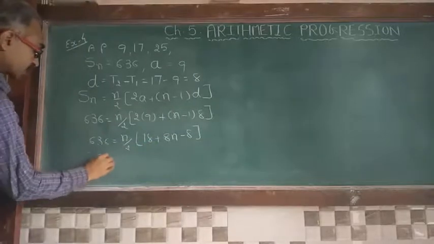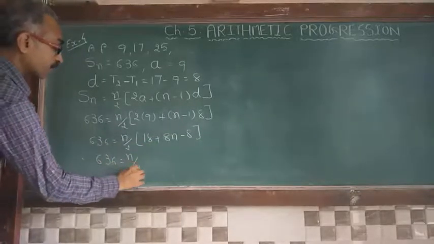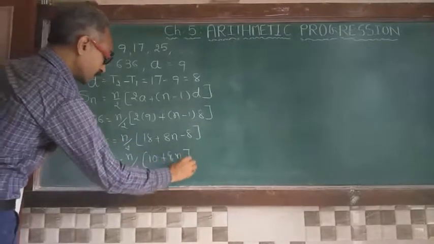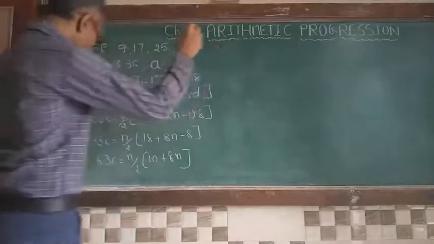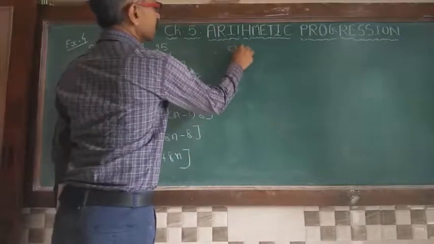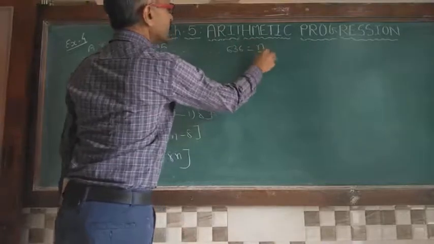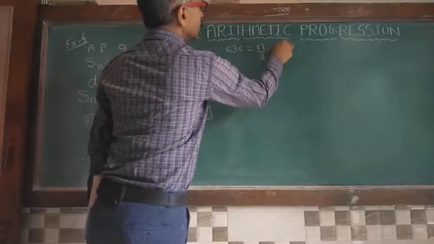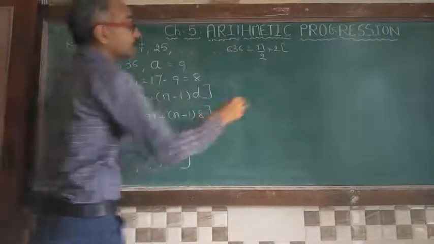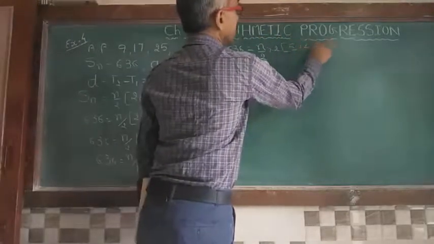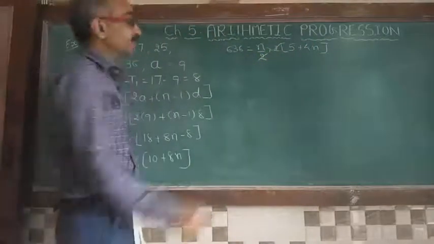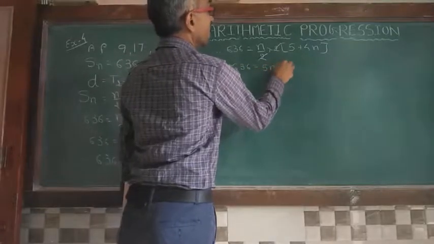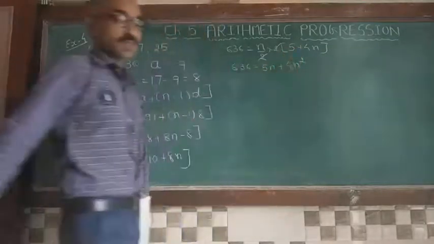That means 636 is equal to n by 2 into (10 plus 8n). So 636 is equal to n by 2, then common out 2 into 2, that means remaining is 5 plus 4n. 2 is cancelled out, that means 636 is equal to 5n plus 4n square.